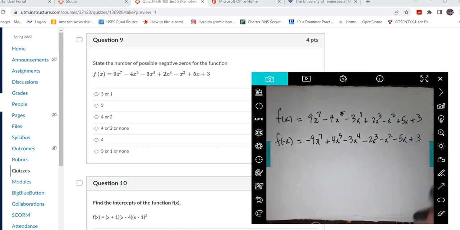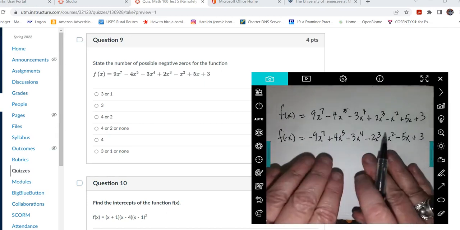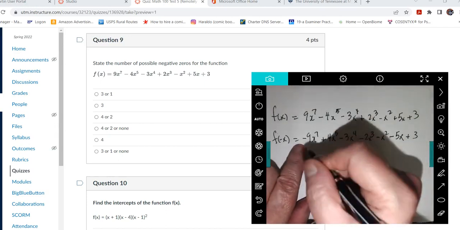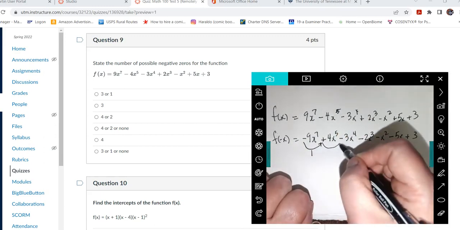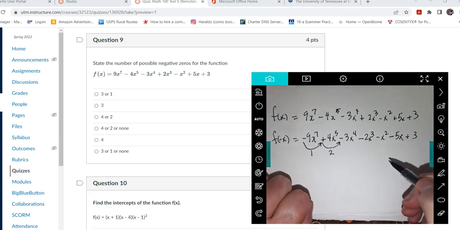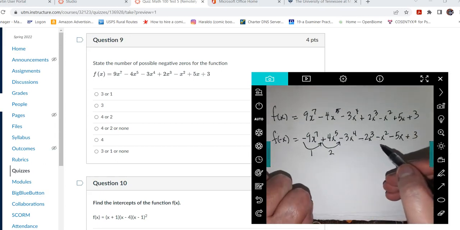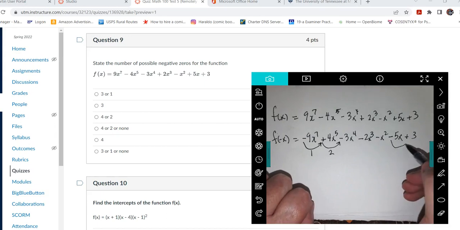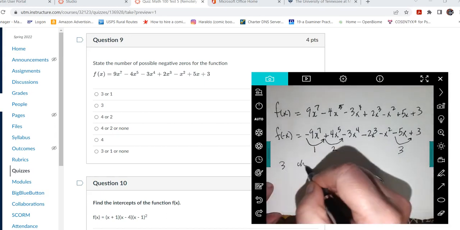The constant is constant. Now, to see how many possible negative real zeros there are, I'm going to count up the number of sign changes in this. So I go from negative to positive, that's one change. Positive to negative, that's a second change. No change, no change, no change, and then negative to positive. 3 changes of sign.